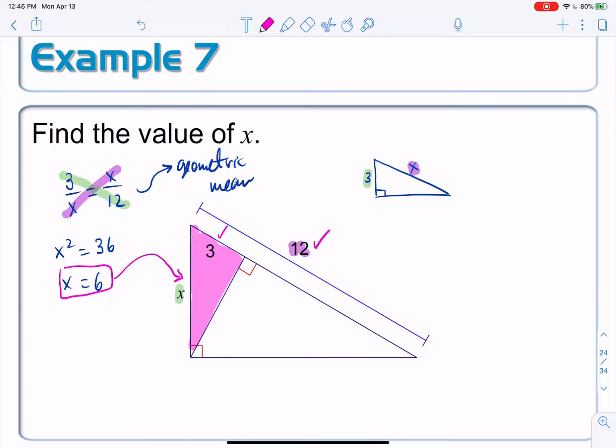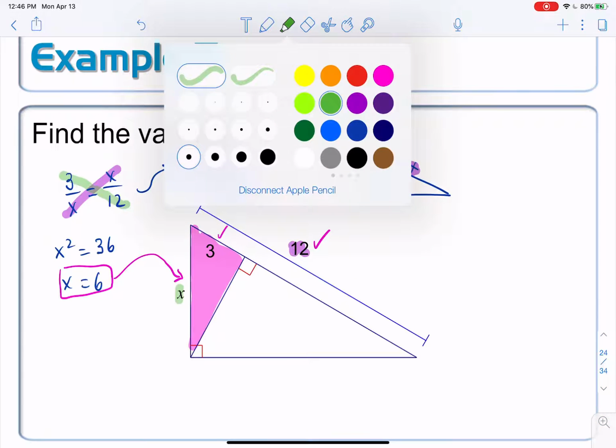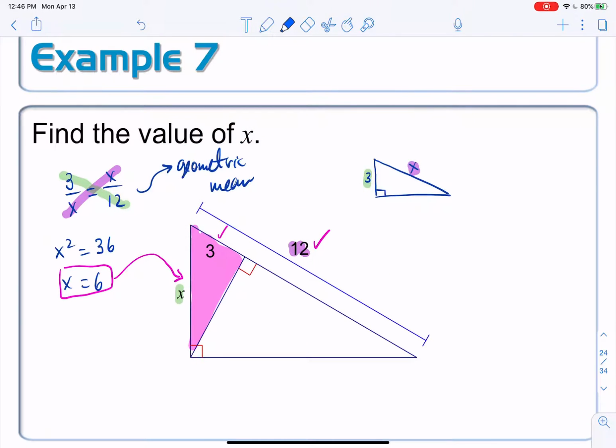All right, so let's take a look at this boomerang shortcut method on that previous exercise that we just did, so we can see how this thing is set up. Let's see, what color have I not used? How about this lovely flavor of blue? It's a blueberry. Okay, so again, I'm going to throw it along the hypotenuse, and I'm going to throw it to the left. Why am I throwing it to the left? Because that's where all the numbers are.